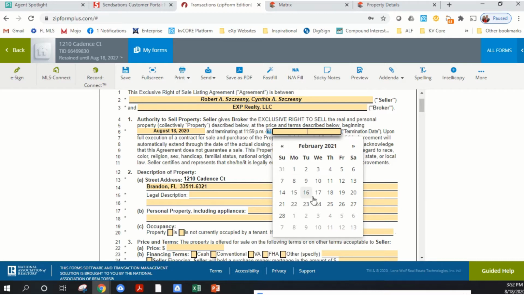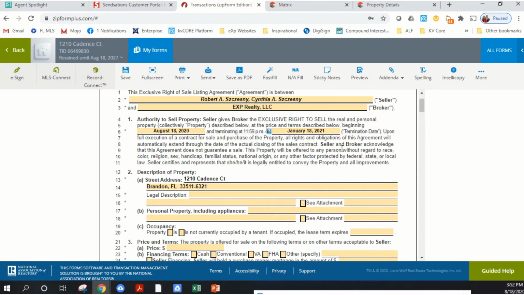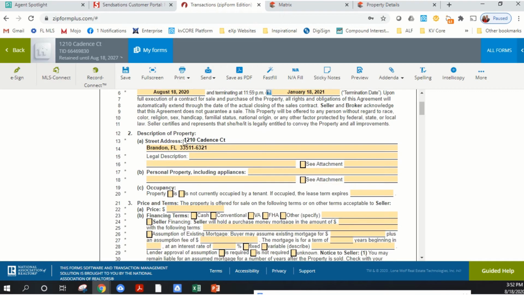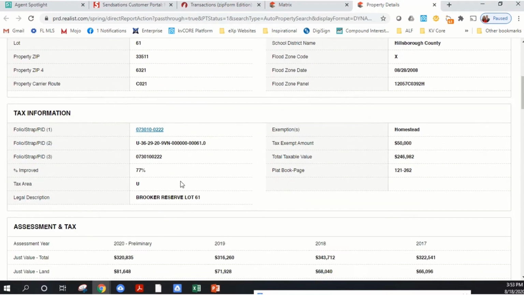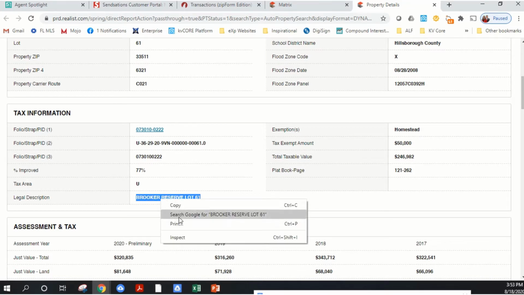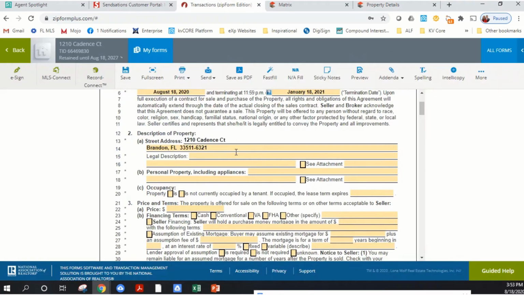So it's probably January 18th. Here's the property address. Pull the legal description out of here. Broker reserve, lot 16, legal description off the property record. Bam.